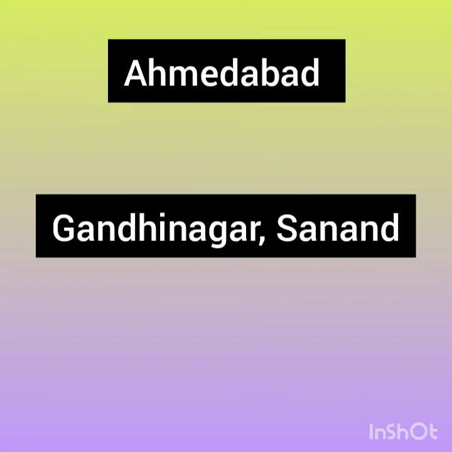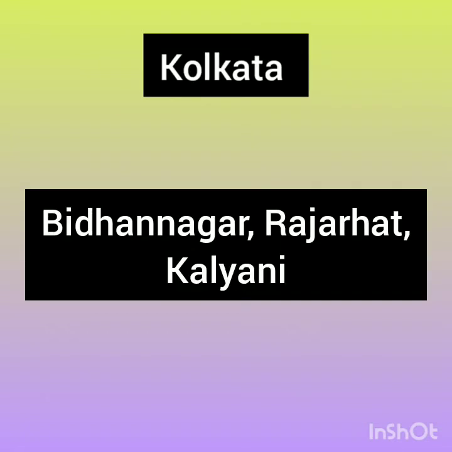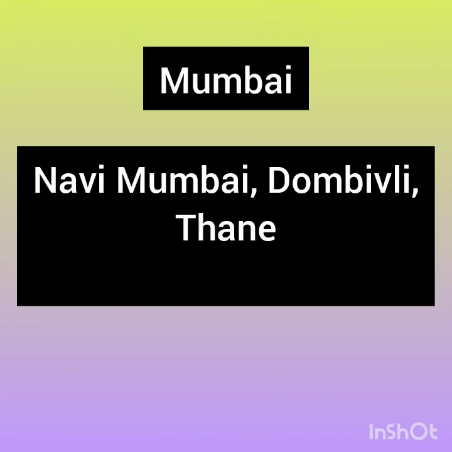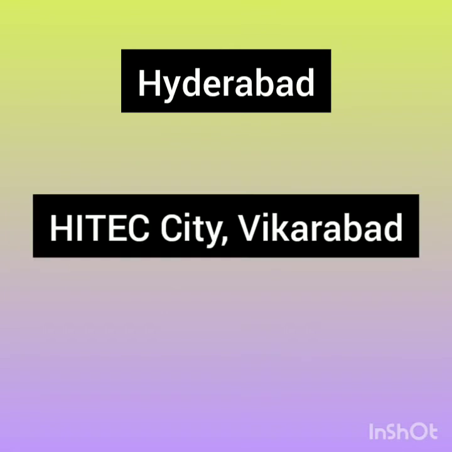Its satellite cities are Gandhinagar, Sanand. Kolkata. Its satellite cities are Bidan Nagar, Rajarhat, Kalyani. Mumbai. Its satellite cities are Navi Mumbai, Dombivli, Thane. Hyderabad. Its satellite cities are High Tech City, Vikarabad.